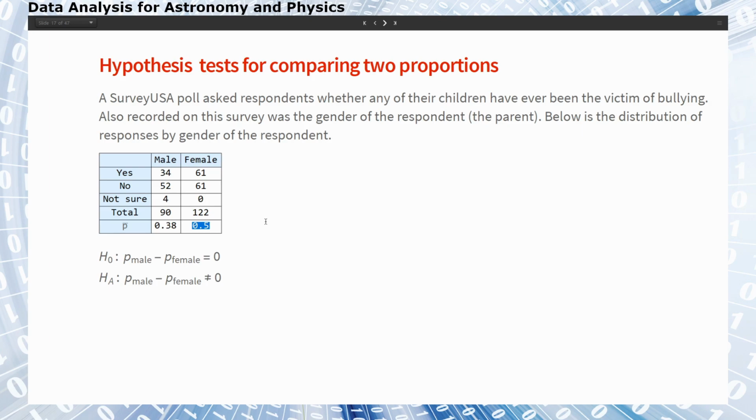So we compare the two proportions now and test whether there is a significant difference. Again, the null hypothesis states there is no difference, so the difference between the male and female proportions should be 0. The alternative not equal 0.